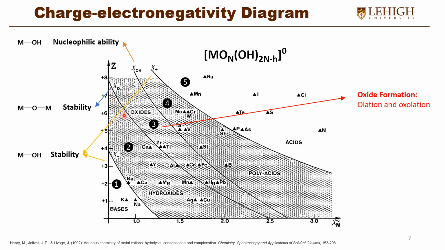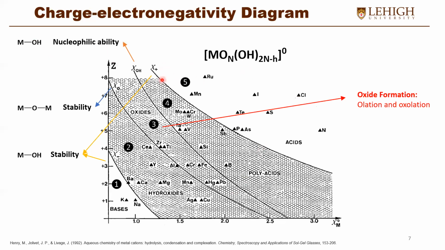And this XO line means the stability of the oxo bridge, the metal-oxygen-metal bridge; you have to cross over this line for this format to be stable. And this line is the nucleophilic ability of the hydroxyl ligand. Only below this line, in area 3, the hydroxyl ligand can serve as the nucleophile.